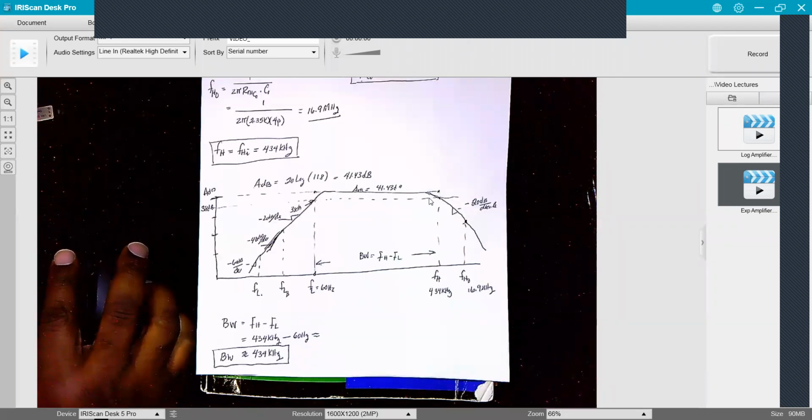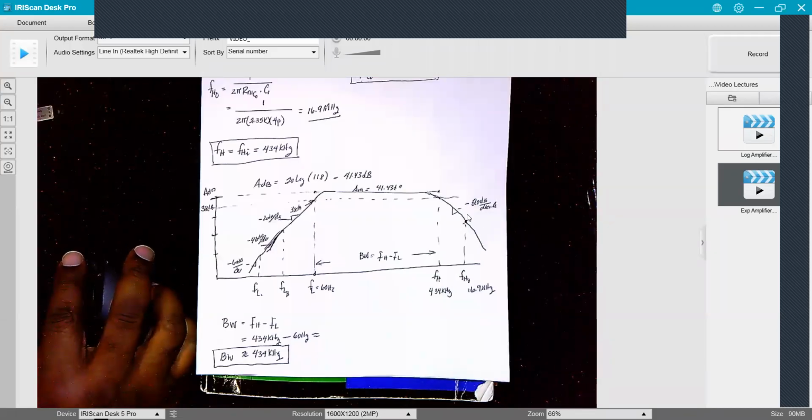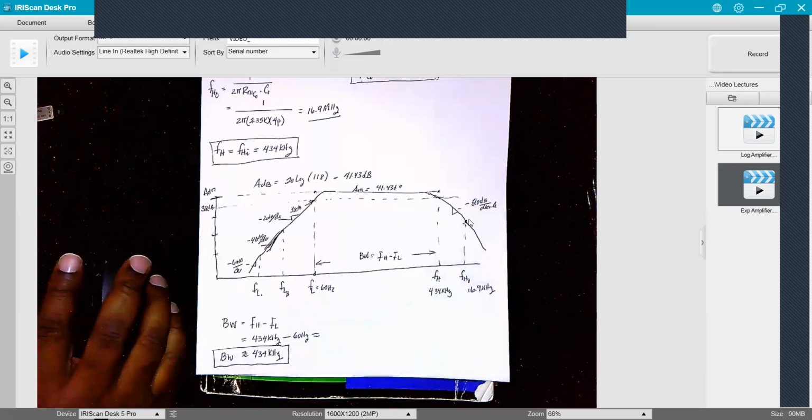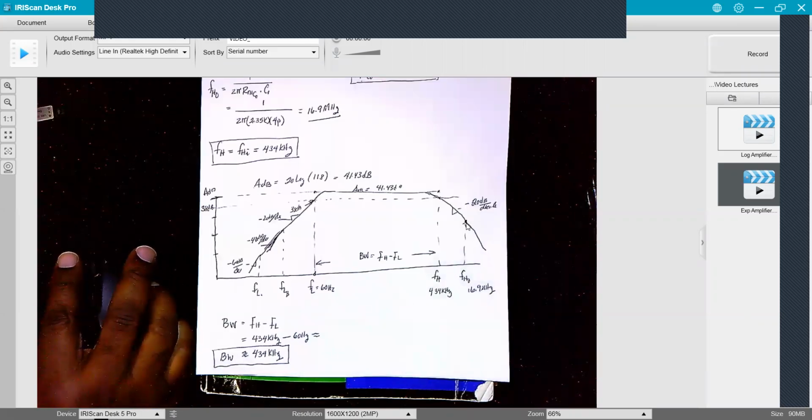And on the upper end, from F sub H up to the next pole, you're at minus 20 dB per decade. When you encounter this other pole location, it adds another 20 dB per decade on the high end. So this is minus 40 dB per decade, which I didn't label on here. I'm going to have to take points off of my key. So this will be minus 40 dB per decade.